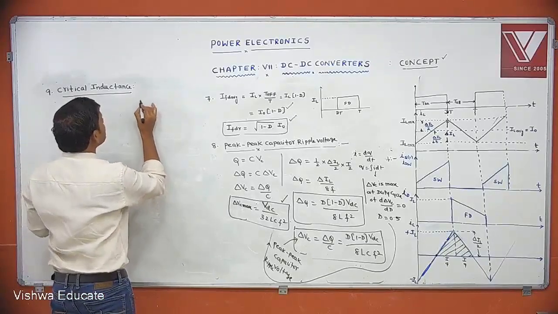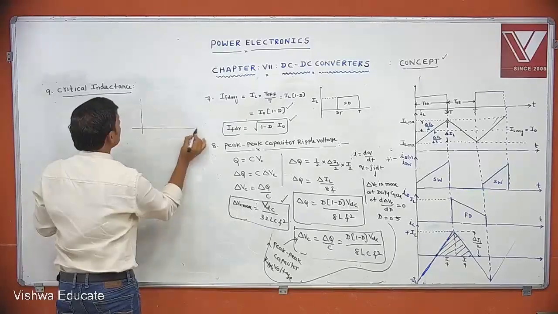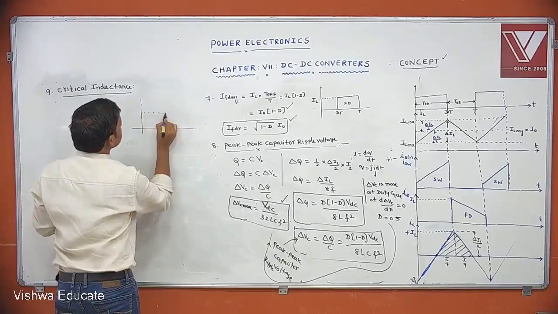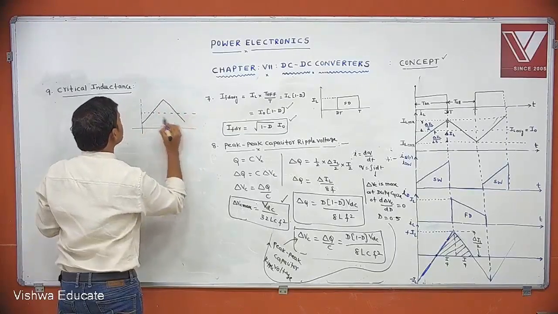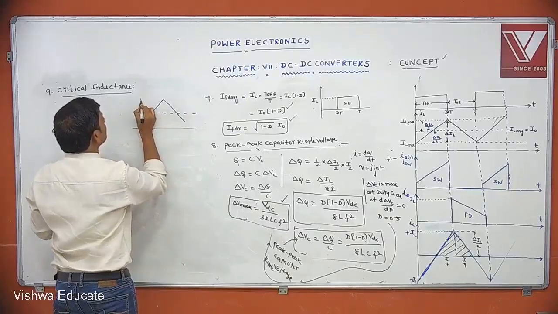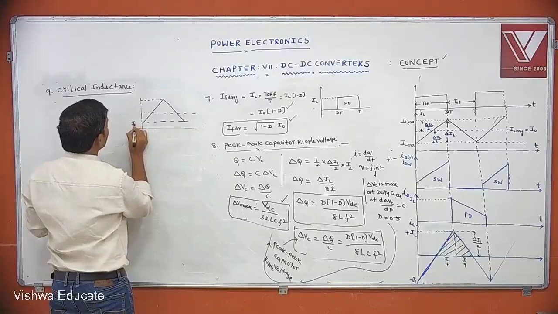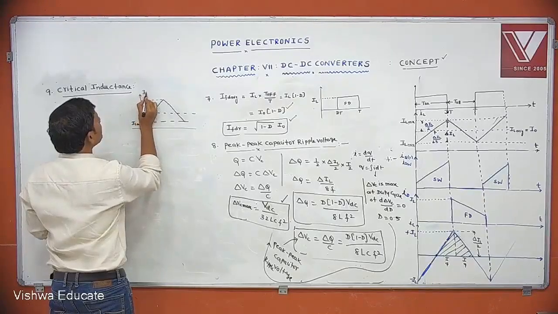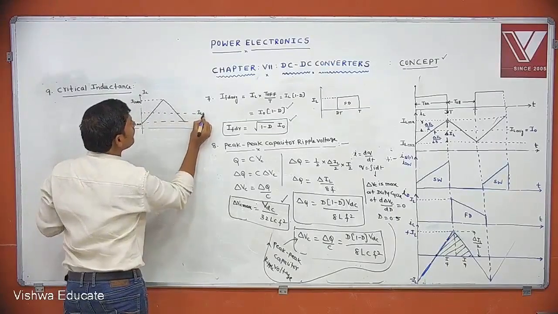For example, let us consider the inductor current waveform. This is minimum and this is maximum. This is the average value. This is IL minima, this is IL max, this is IL average.